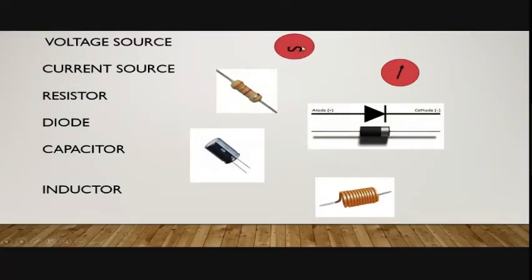This represents an AC source. Okay. Then you can represent a DC voltage source using a battery. One long line, one short line that you have been using all the time. So that is a DC voltage source.